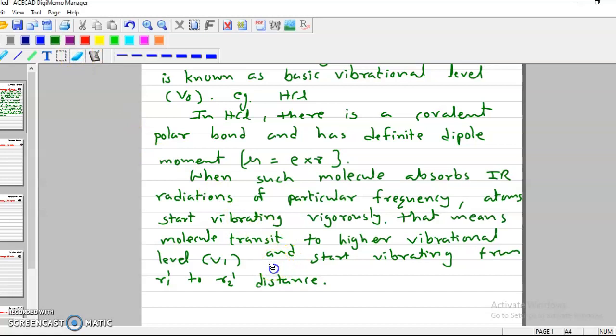Okay. So now there will be new distance between them. This molecule starts vibrating.